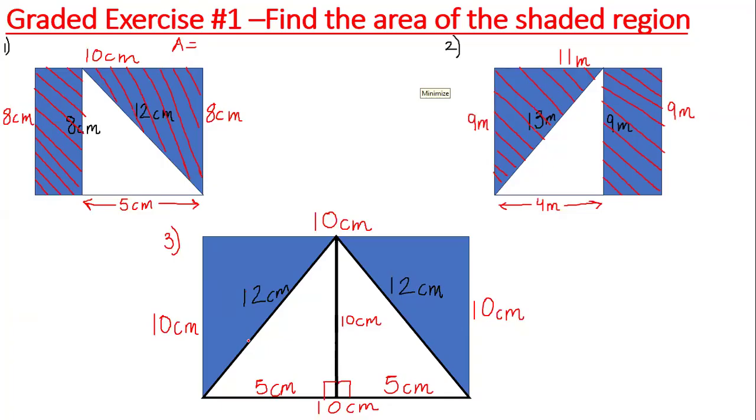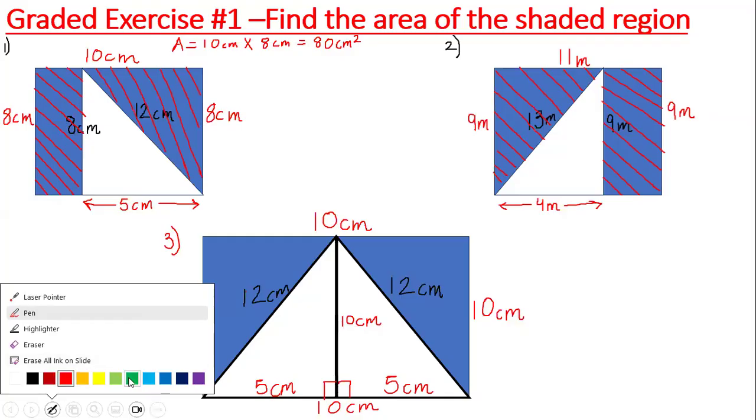You have to do 10 times 8, which is 80 centimeters squared. And then the triangle is 8 times 5 centimeters. So we're going to do the triangle now.